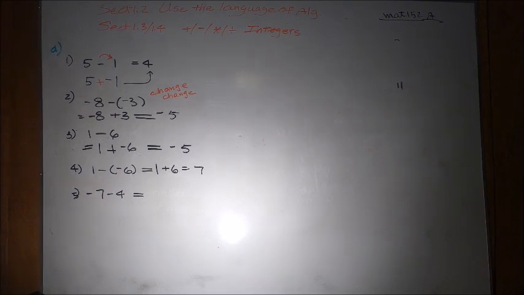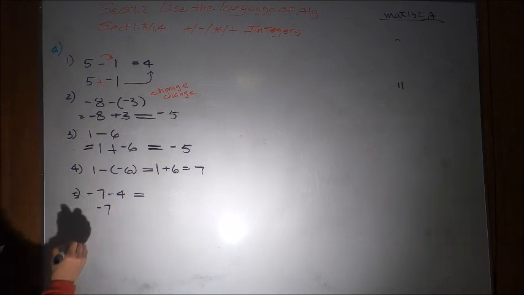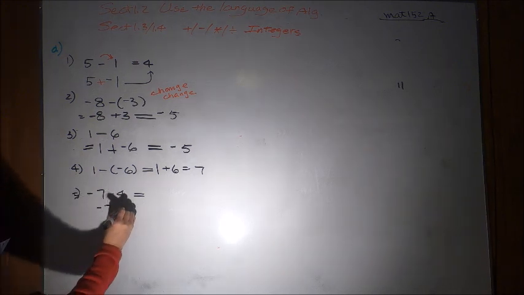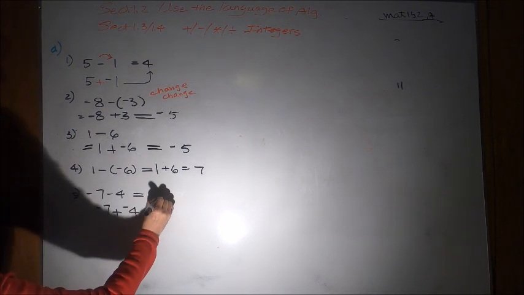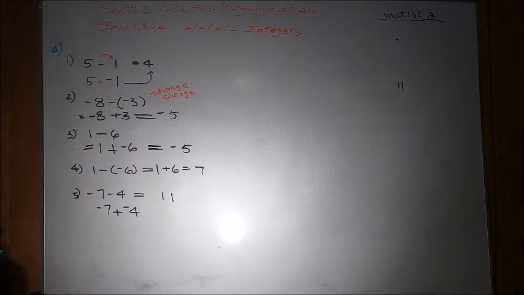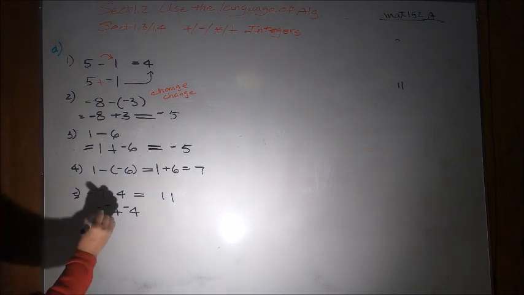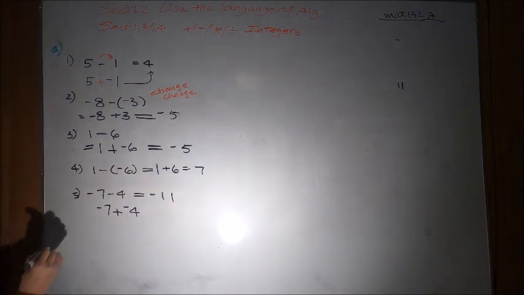How about this one? First number is negative 7. Second number is negative 4. You are going to put them together, right? Same signs, combine them, 11. The result, you use the sign, negative.